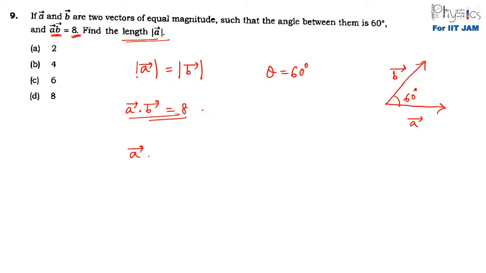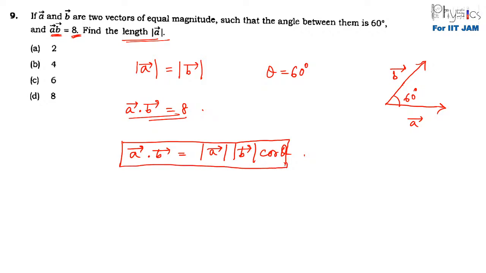And we know a vector dot b vector equal mod of a vector times mod of b vector times cos of theta. It is our formula for dot product of two vectors a and b. So if we put a vector dot b vector, that is 8, equal mod of a vector times, since these two are equal, mod of a vector times cos of 60 degree.